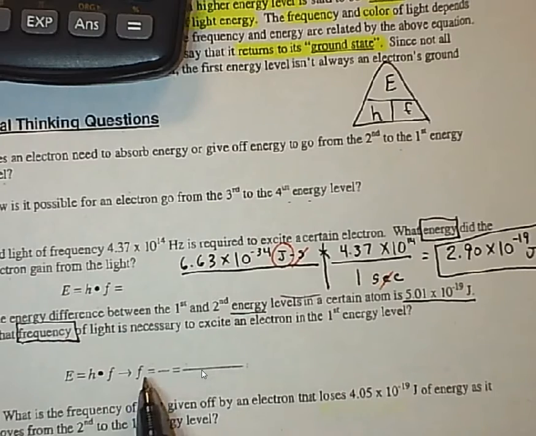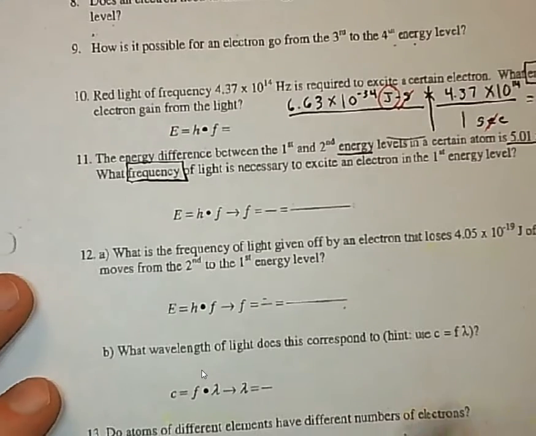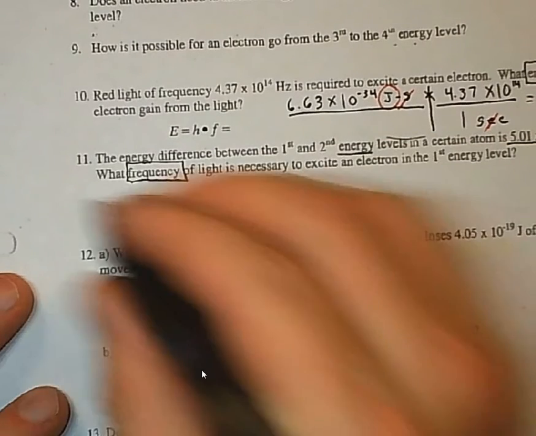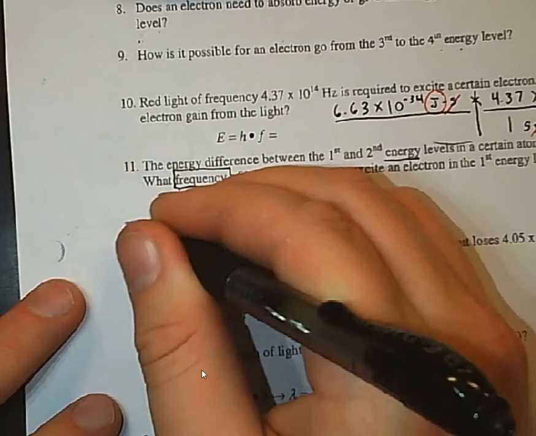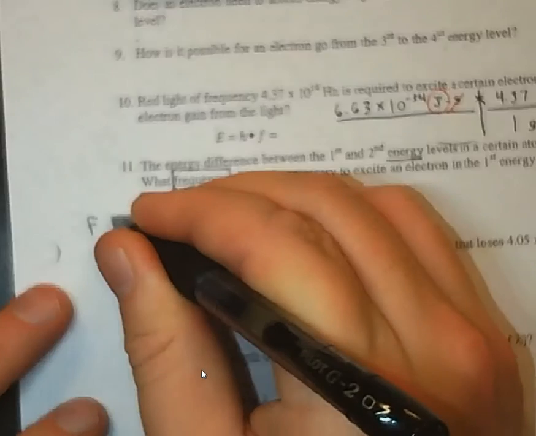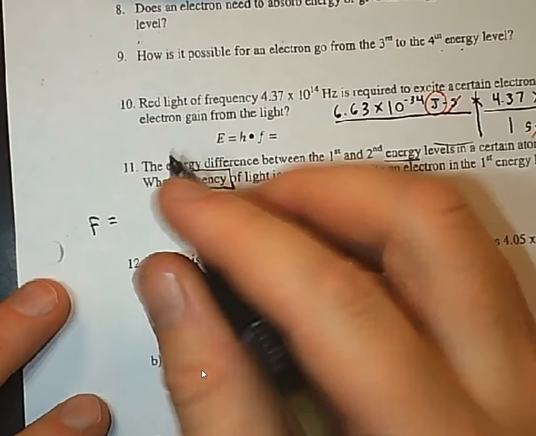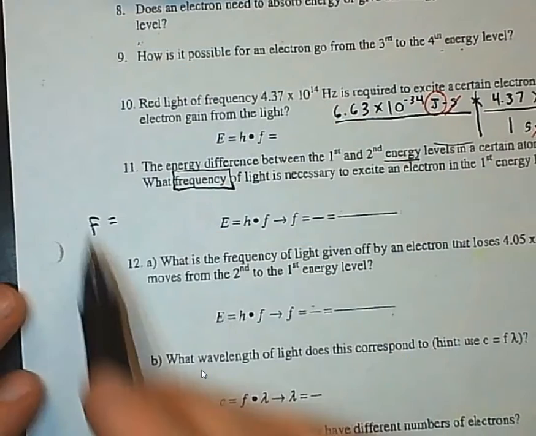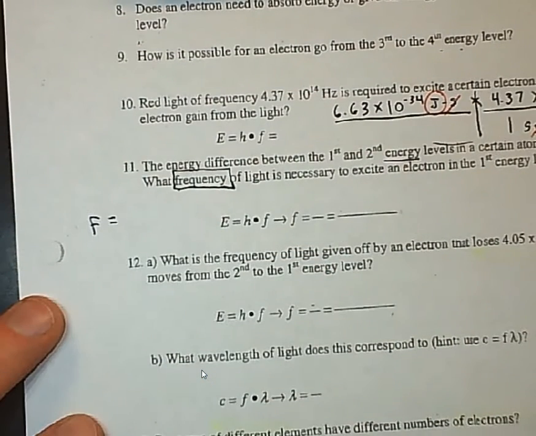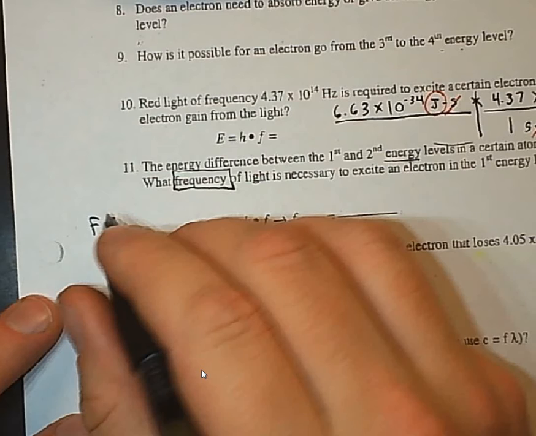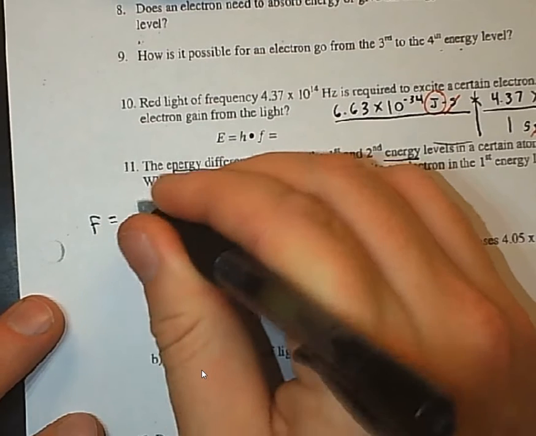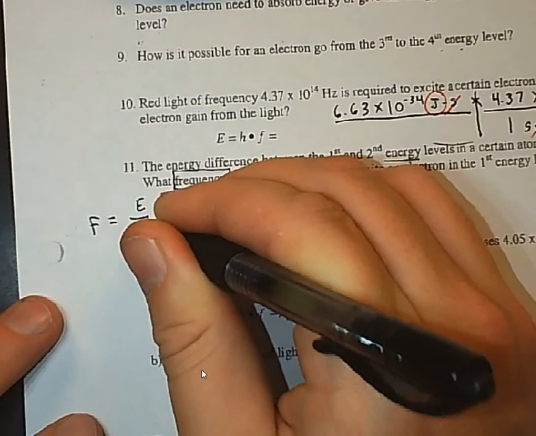So to solve for frequency, it should equal, we're going to rewrite it over here. Frequency equals, make sure you don't write too far off to the side because we are going to glue this paper down. Frequency equals energy divided by h.